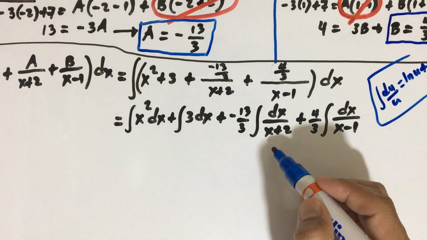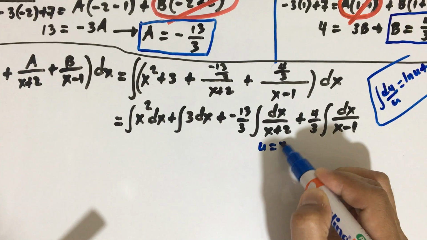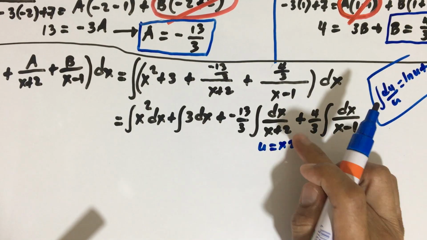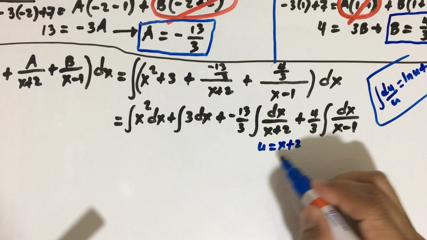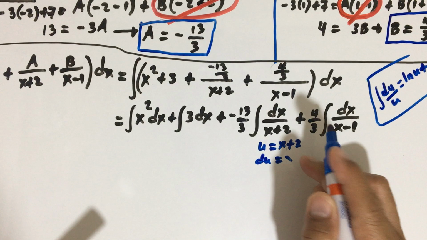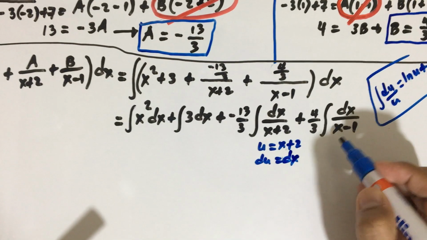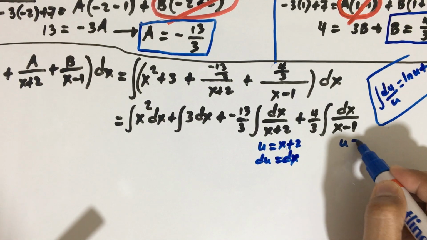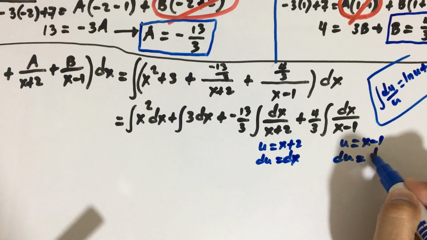Here we can let our u be equal to x plus 2, so our du is equal to dx. And similarly, our u here is equal to x minus 1, and our du is equal to dx.